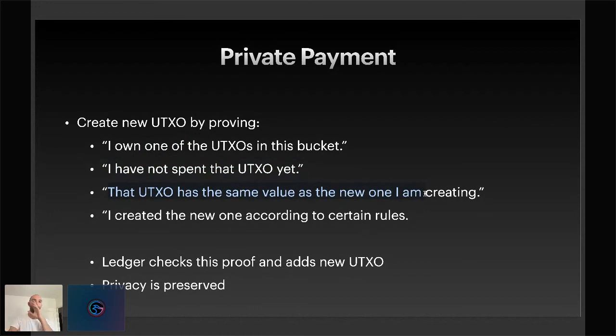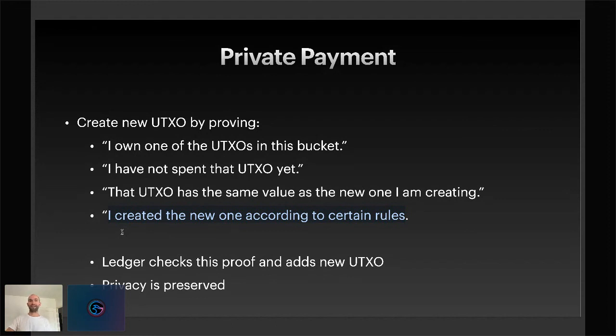And then the last point about creating it according to certain rules, there you're basically just proving that you followed the protocol's encryption scheme, because like I said, these UTXOs are encrypted, and this is getting a bit technical, but you need to prove that you did the encryption honestly to ensure that the UTXO will be spendable down the line, right?